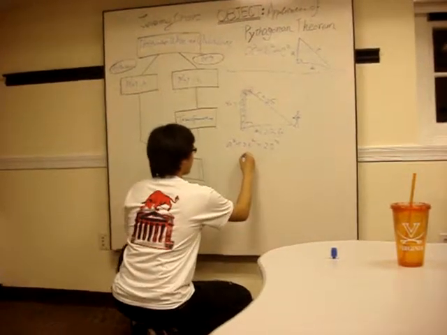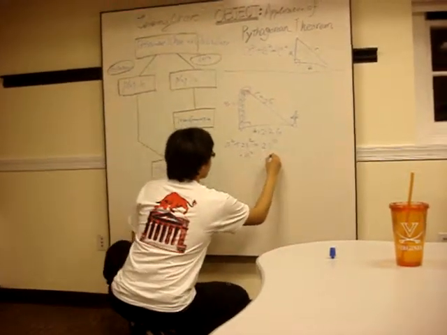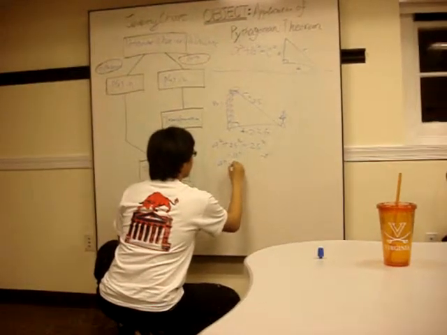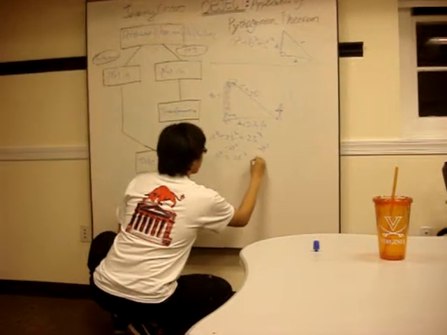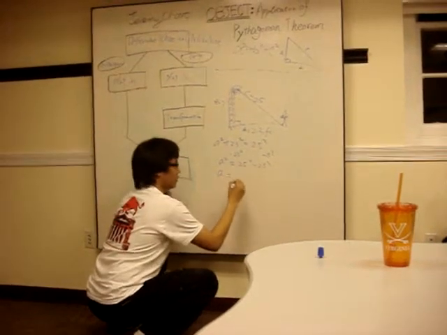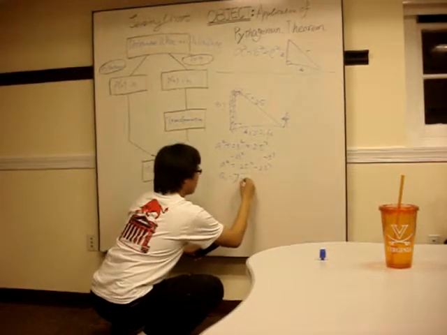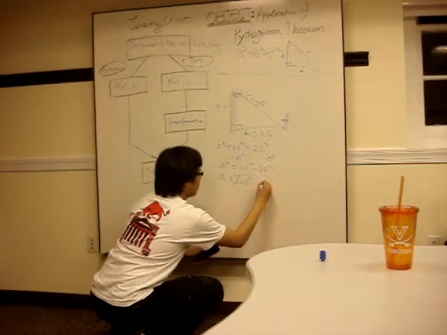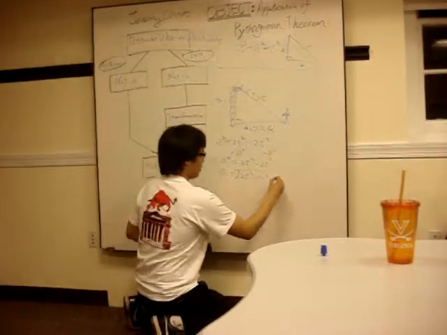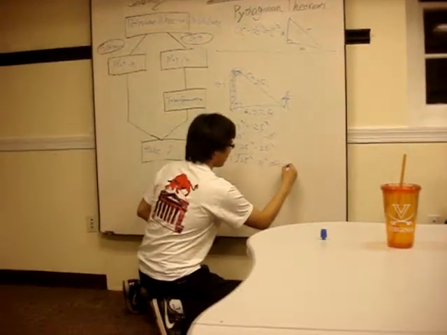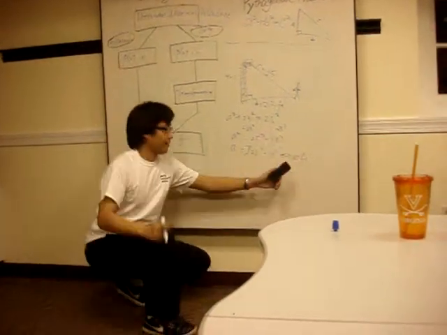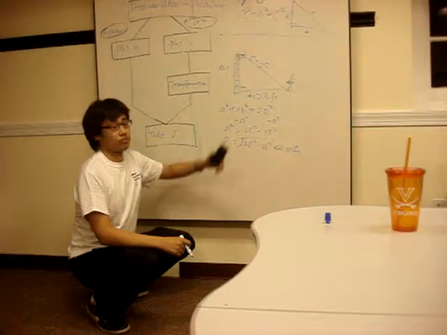Do the transformation: subtract 23 squared from both sides, and we get a squared equals 25 squared minus 23 squared. Then take the square root and use your calculator. It's approximately 10 feet. That's the distance between the basket and the ground.